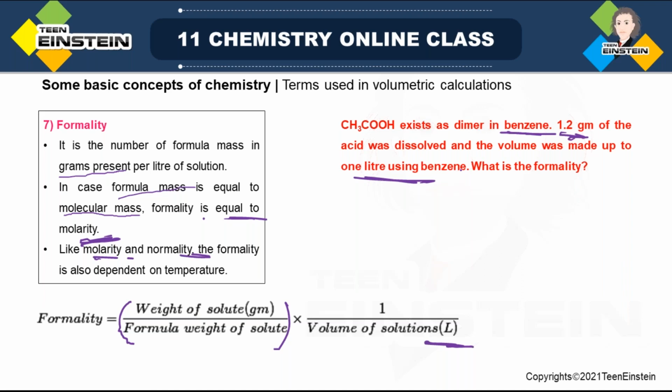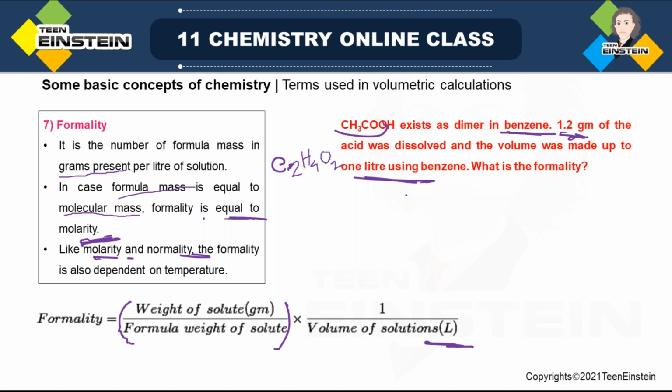Now for this we have to know first what is the molar mass of CH3COOH. It has how many carbon atoms? It is C2. How many hydrogen? Total 4 hydrogen. And how many oxygen? A total of 2 oxygen.